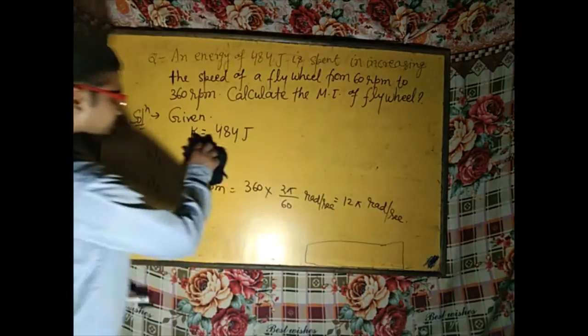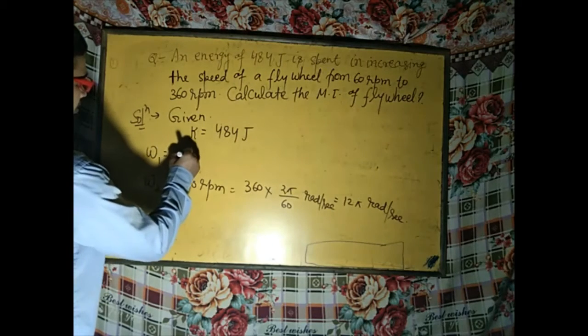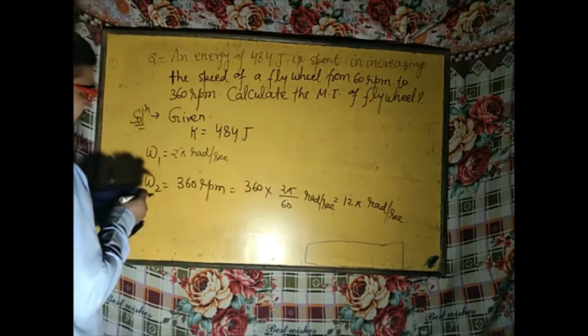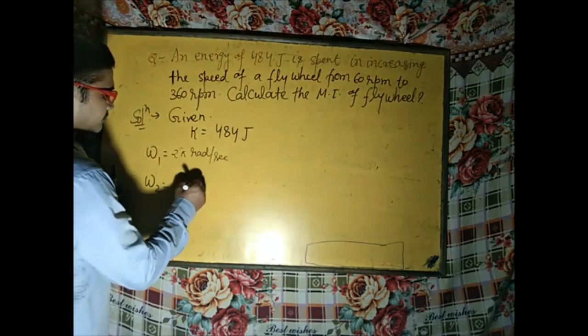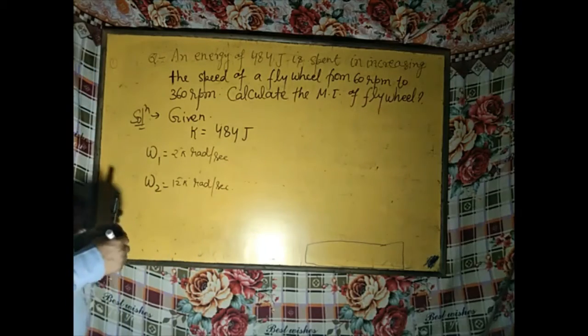So the given quantities are taken as here 2 pi radian per second, and here it is 12 pi radian per second. Okay, so these are the given quantities.